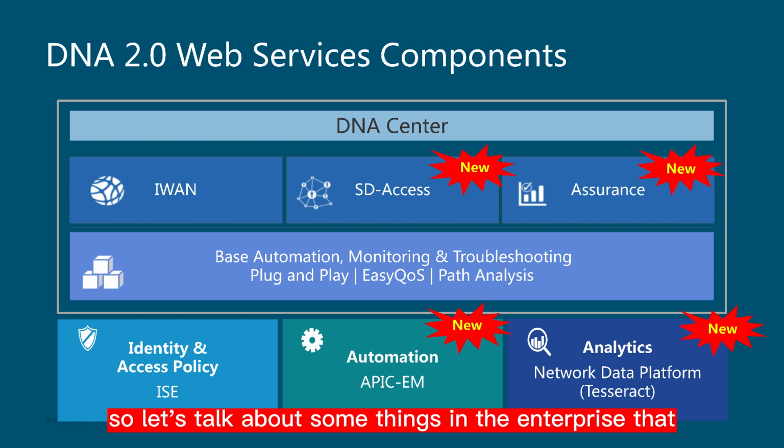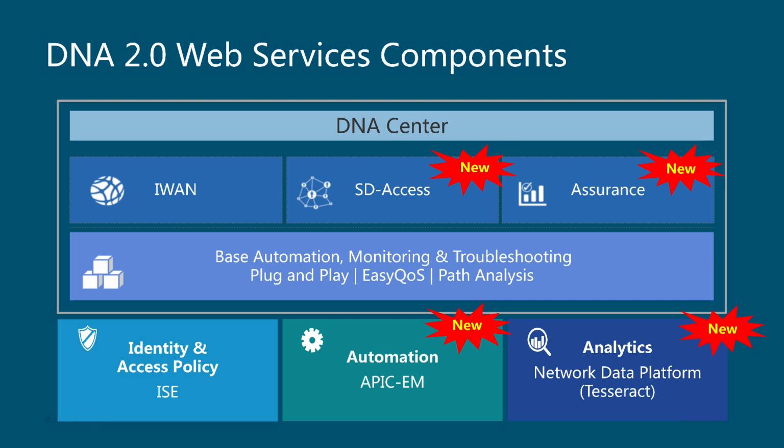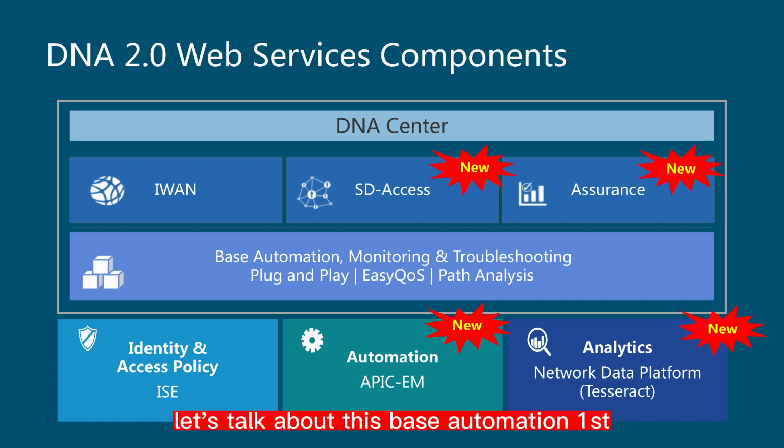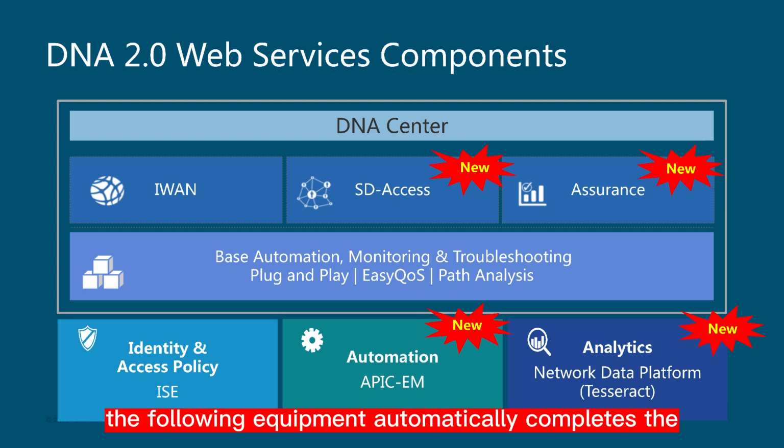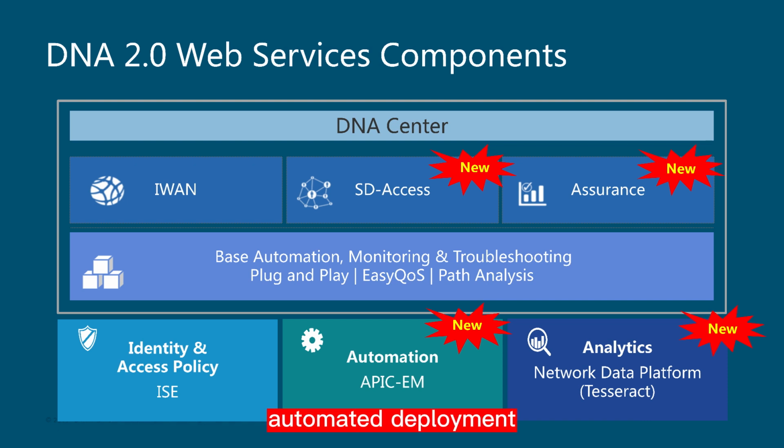So let's talk about some things in the enterprise that are helpful to everyone now. Let's talk about this base automation first. It means the upper device automatically sends the configuration, and the following equipment automatically completes the automated deployment. It's called automation. Then plug and play. Automation goes online. For example, there are a lot of smart speakers now.